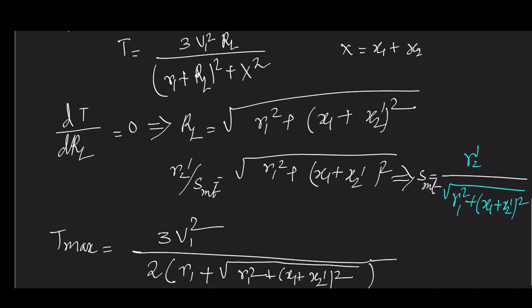Clearly you can see here that one interesting thing is that T max is independent of R2 dash.